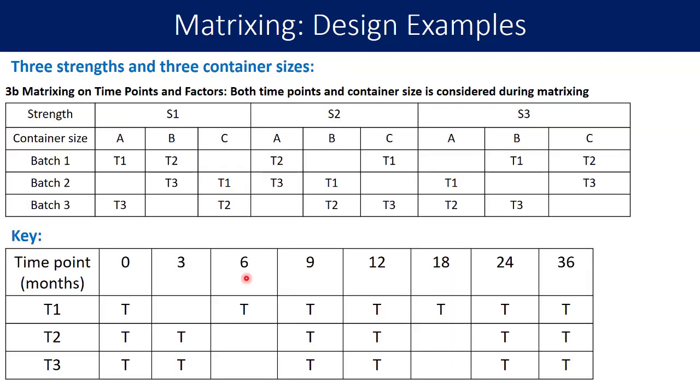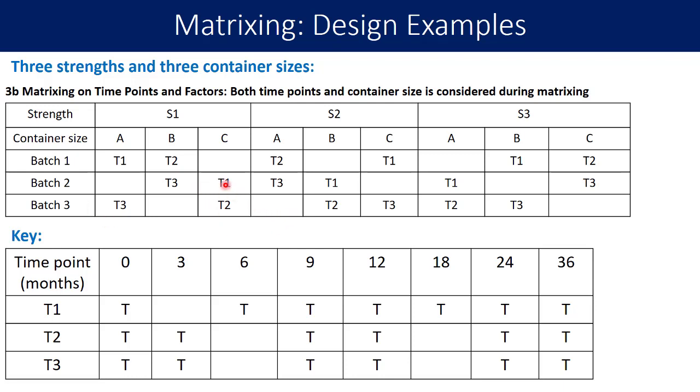Let us understand the requirement of the C. So for the S1 strength, for the container size C, there is no necessity to test batch number 1. And for batch number 2, there is a need to have the key as T1. And for batch number 3, you need to adopt the key as per T2.